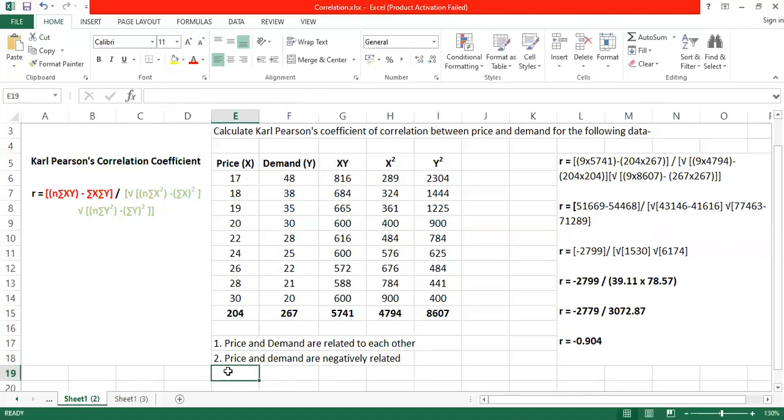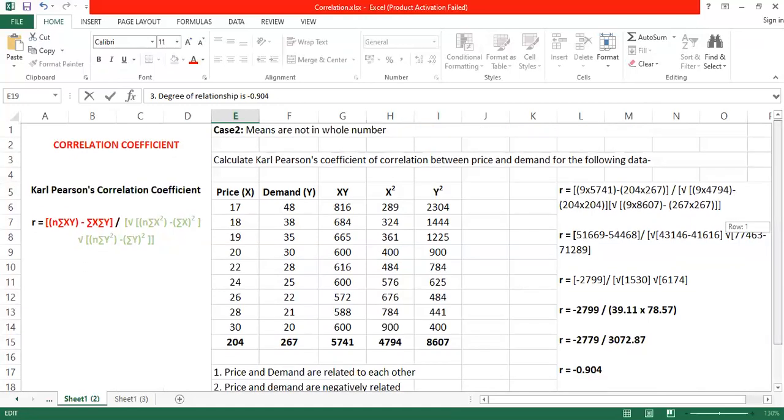Finally, the third is degree of relationship is 0.91, right?